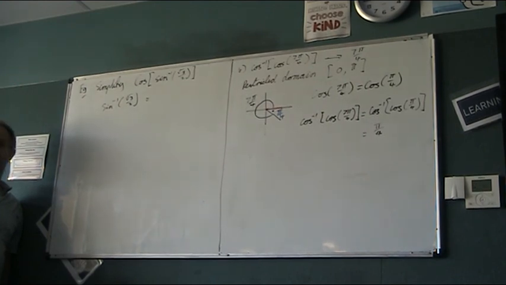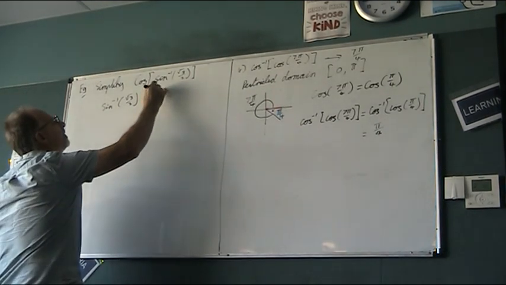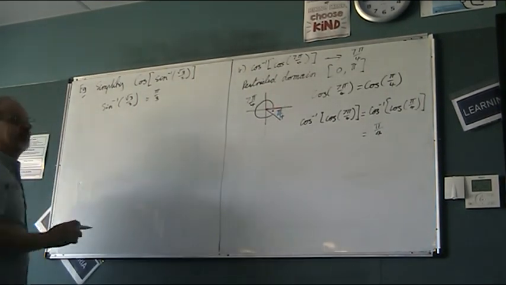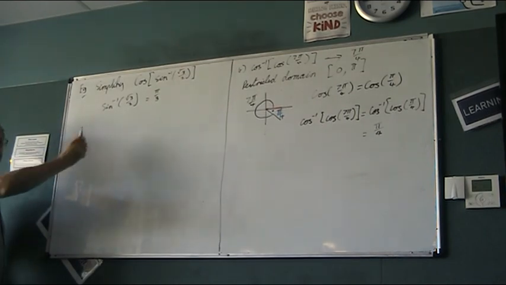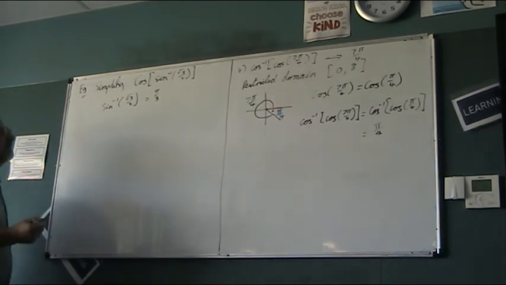Sine of root 3 on 2 relates to what angle? Pi on 3. And for the restricted domain, pi on 3, that's in that restricted domain, so that's all good.